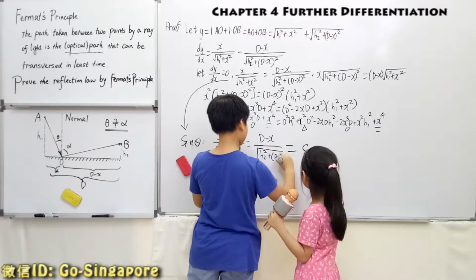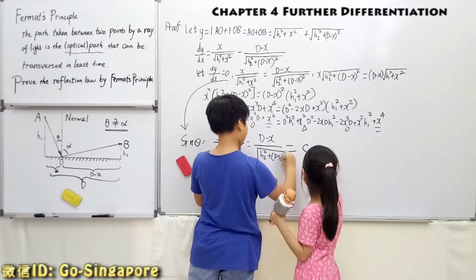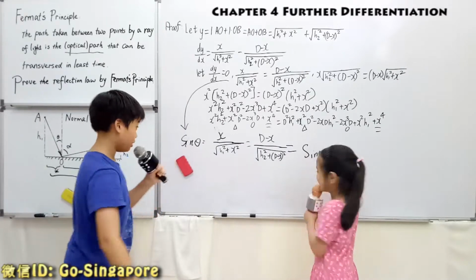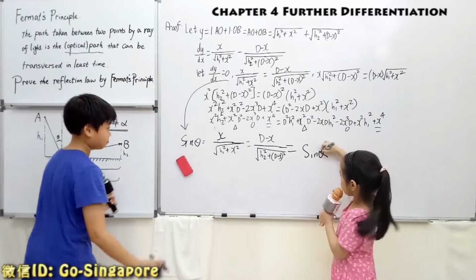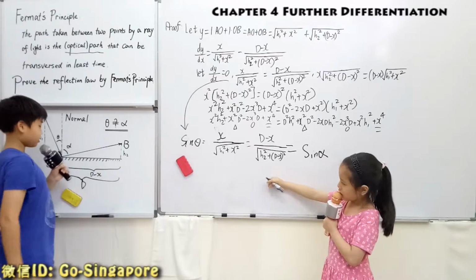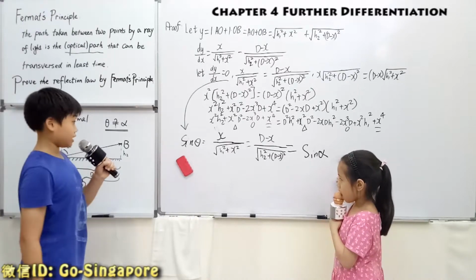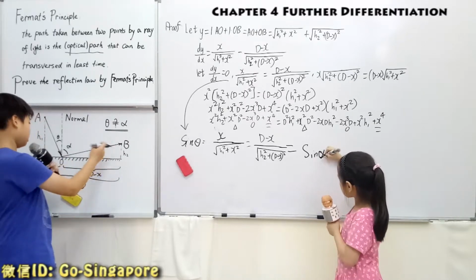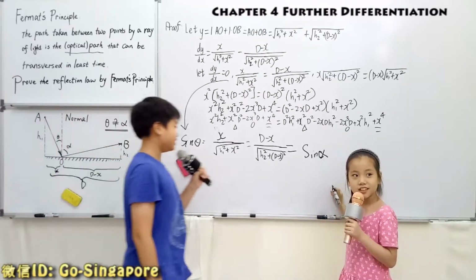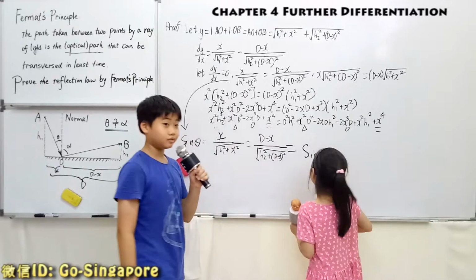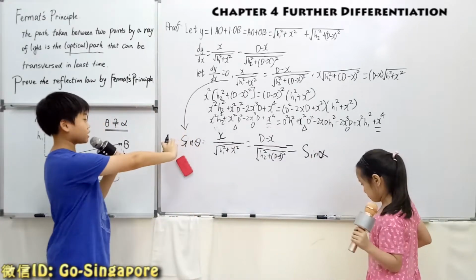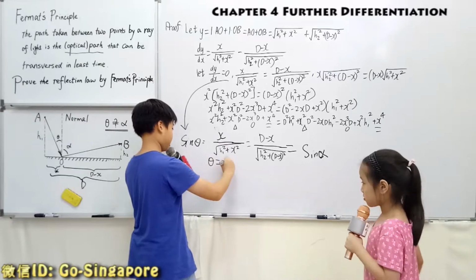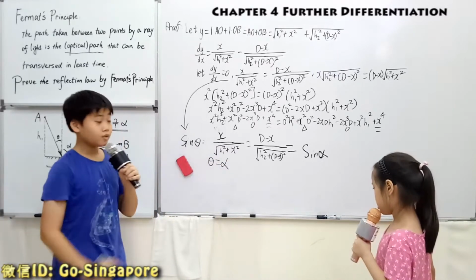But for this, why is it sine alpha? Why? Okay, because here is d minus x, then over that is the hypo, which is actually the same thing again, right? Yes. Okay, so for this, that is why we get this answer, which is a theta that is alpha.